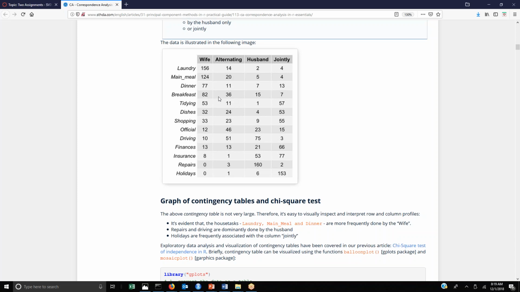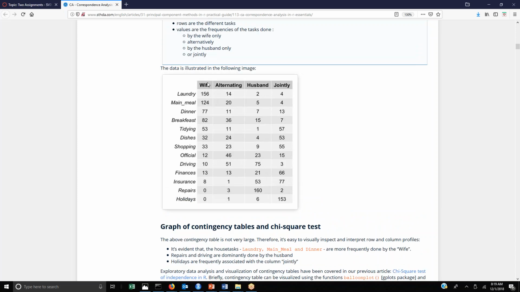In a collection of sample survey, we find the frequencies for these row qualitative categories and column qualitative categories. What are the column categories? Wife does it alone, wife and husband alternate the work, husband does it alone, and jointly. For instance, husband does these things 2 times alone, alternating 14 times, wife does 156 times, and jointly they do it together 4 times.